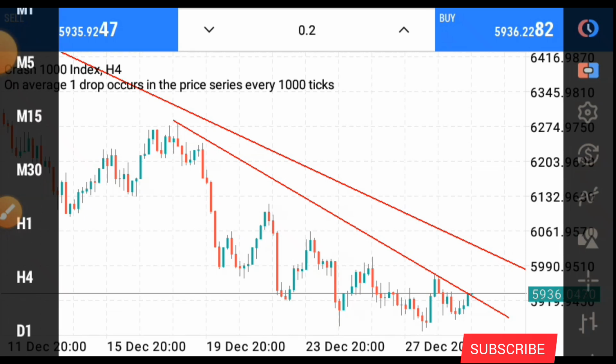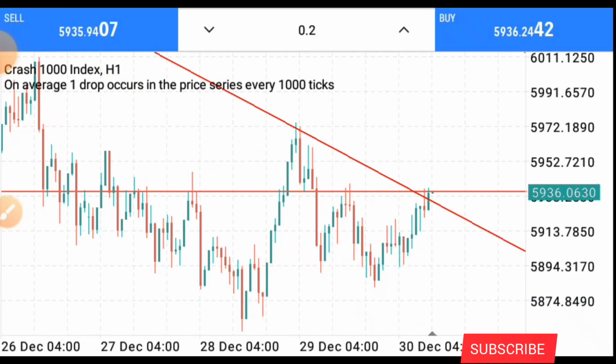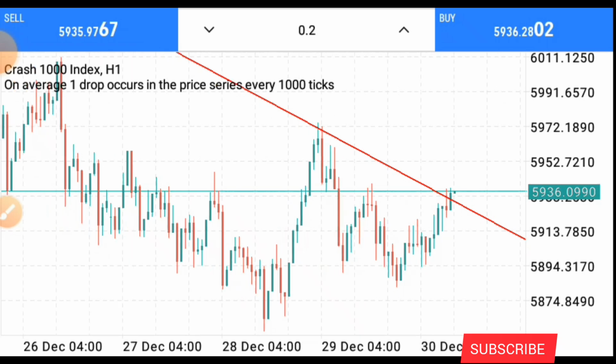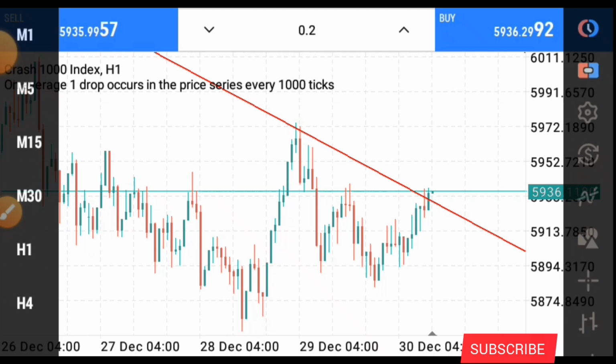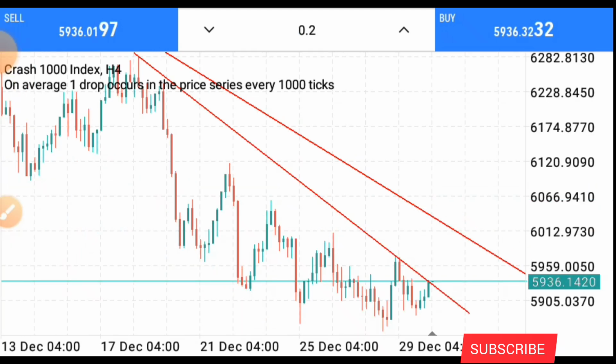Let's step down to a 1 hour time frame to have a clearer view. So here on the 1 hour time frame, as you can see now guys, I think price is heading up. Let me adjust this trend line.